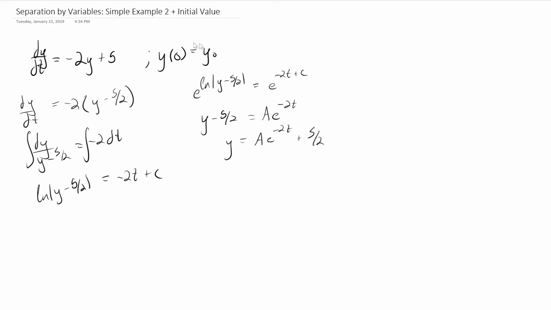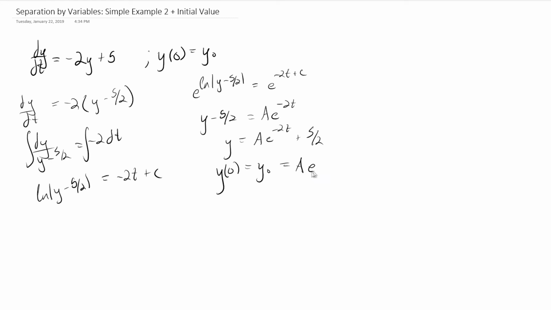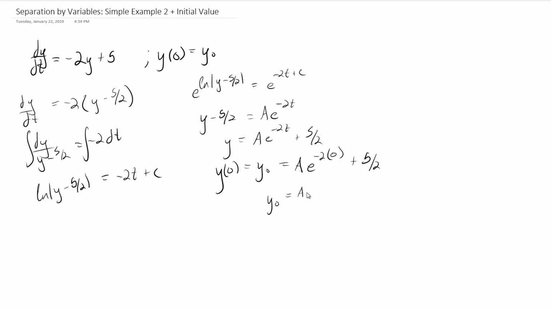So now this is where the initial value is going to come in. When y of 0 is equal to y naught, we substitute this 0 in for t right here: y naught is equal to A e to the -2 times 0, plus 5/2. Anything to the power of 0 is 1. So we have y naught is equal to A times 1, which is just A, plus 5/2.